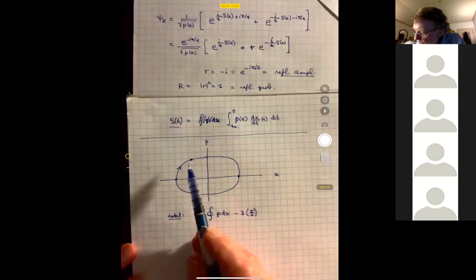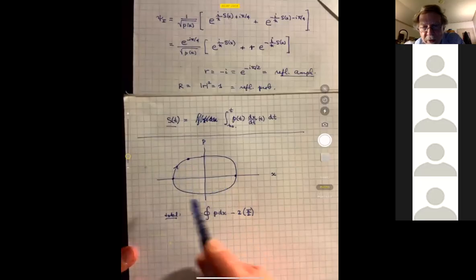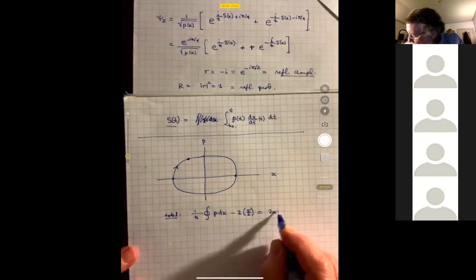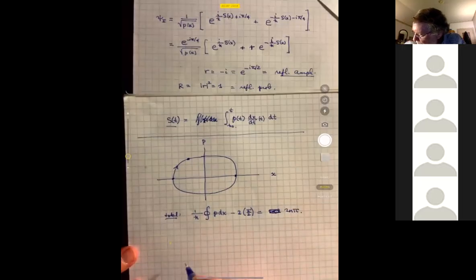Now, the phase of the wave function, when it returns to where it started from, had better be equal to the initial phase, to within an integer multiple of 2 pi, or else the wave function will interfere destructively with itself. And what that means is we don't get a solution unless this quantity is an integer multiple of 2 pi, 2n pi, like so.